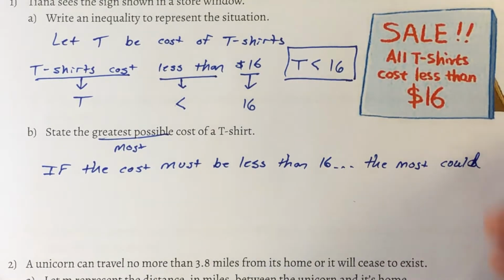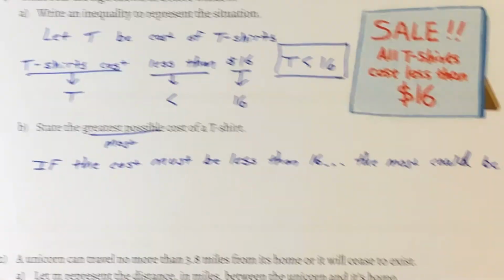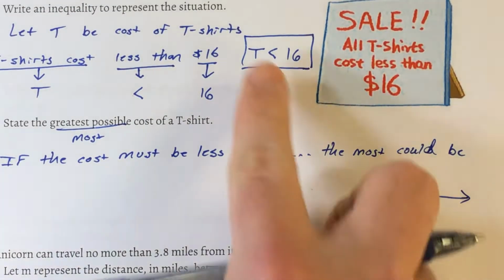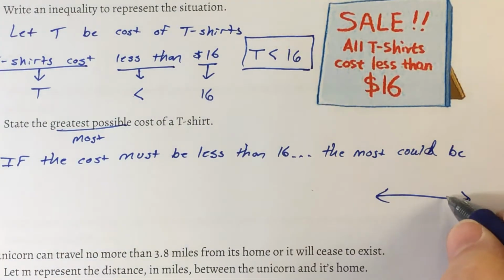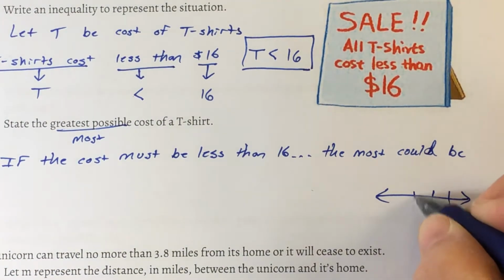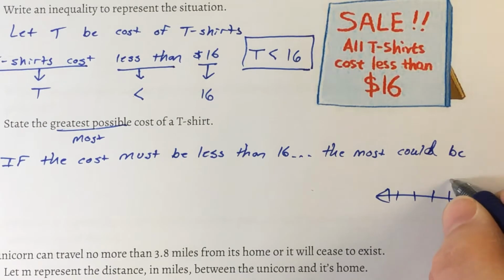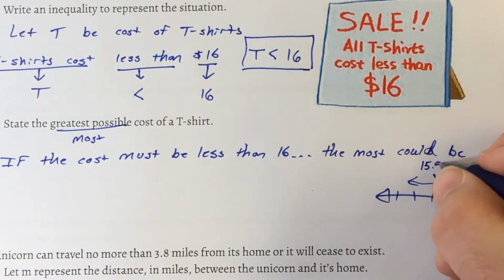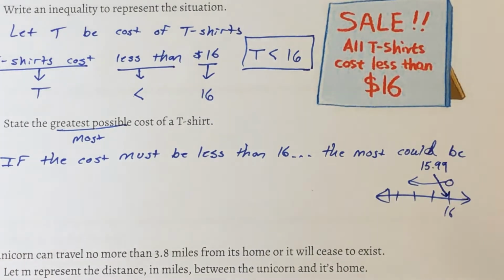And apparently I can't spell could. Well, let's think of a little number line real quick. I want the values that are less than 16. So what would be less than 16? Well, right next to 16 would be $15.99. Would $15.99 be a reasonable cost? Absolutely.